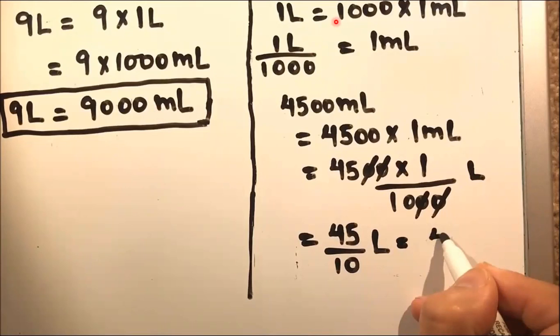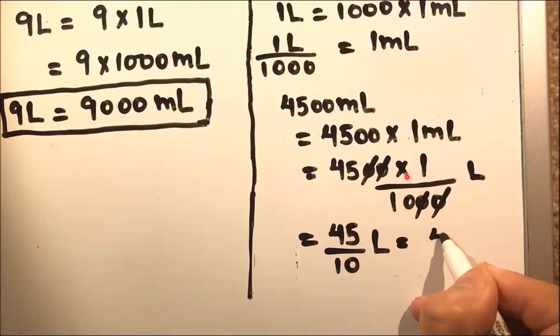On the other hand, you can see here 1 liter equals 1000 ml. If we say 1 ml equals, then we have to divide by 1000 on both sides. This 1000 is cut, so we have 1 by 1000. So whenever we convert milliliters into liters, we do the division. We divide 4500 by 1000, and you can see there are two zeros here.